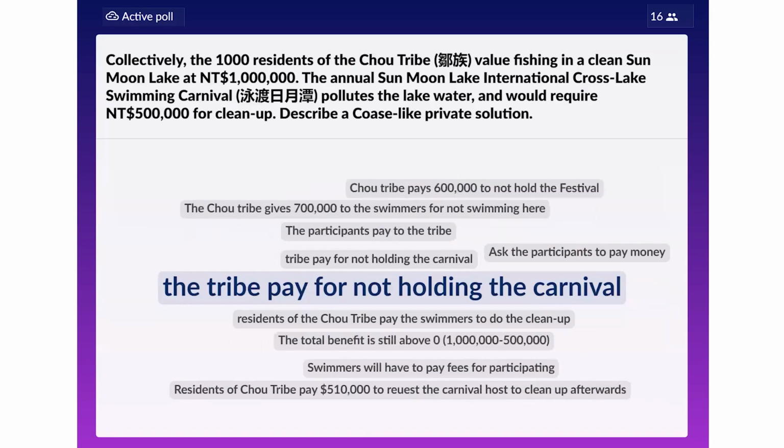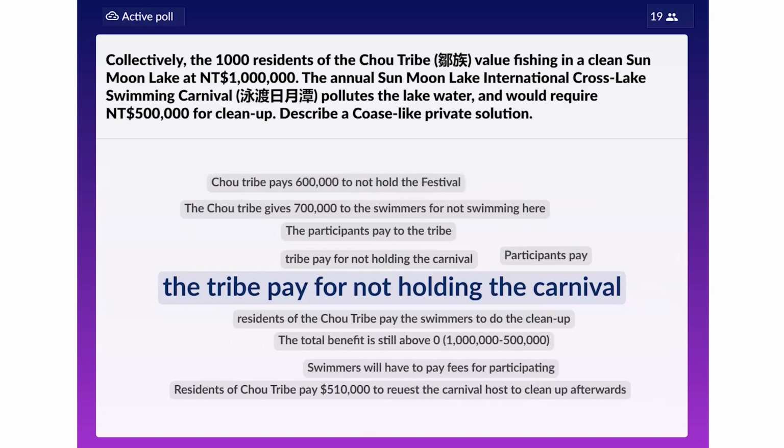It's really not clear. But the key thing is that if the property right is clear, for example, if the Zhou tribe has property rights to a clean Sun Moon Lake, then of course whoever's going to hold this event will have to pay $500,000 to clean up the lake afterwards.